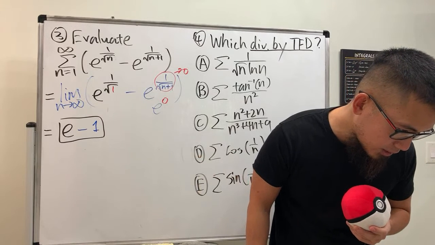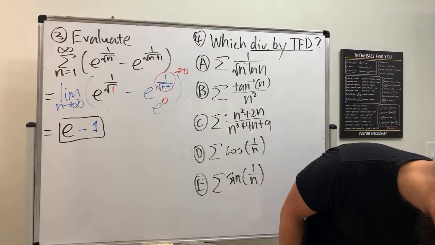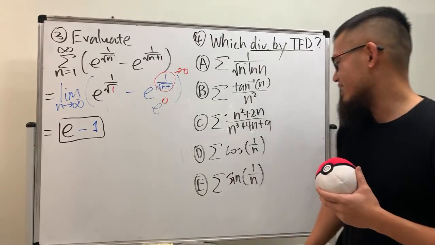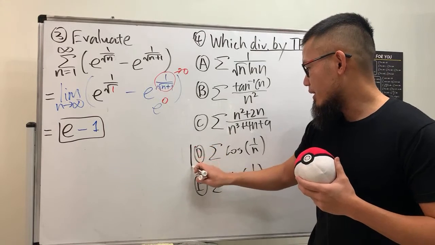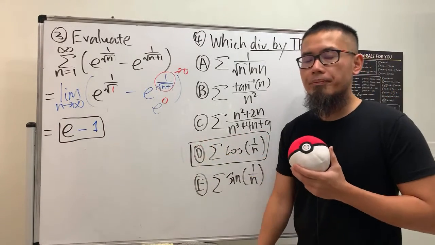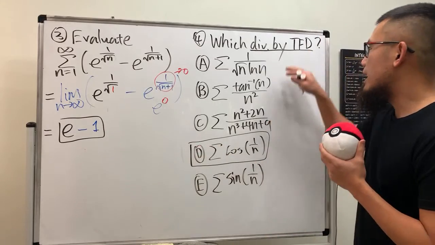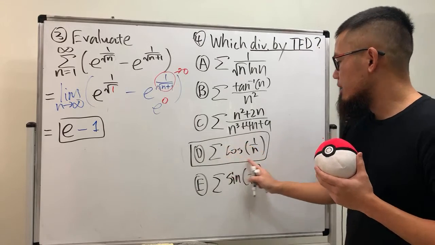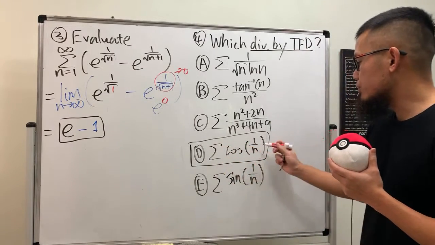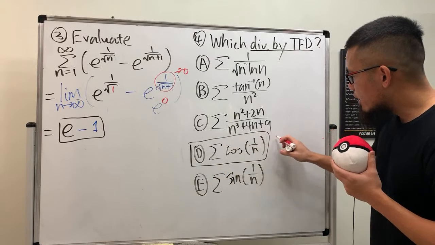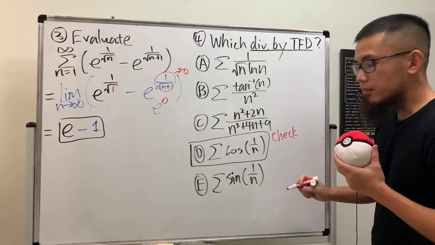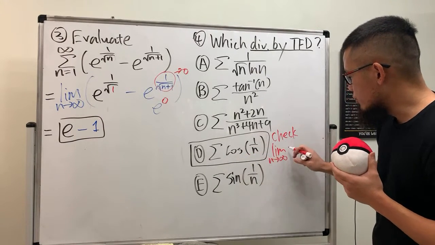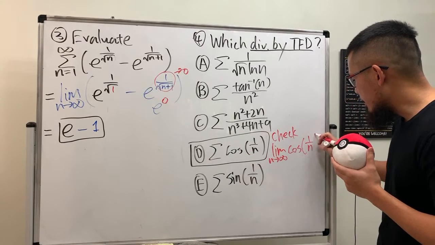Jason and a lot of you guys are saying D. This is correct. So the answer right here is D. You have to remember, if the question is asking you to do the test for divergence, all we have to do is take a look at this and do the limit as n goes to infinity of this portion only, which is cosine of 1 over n.